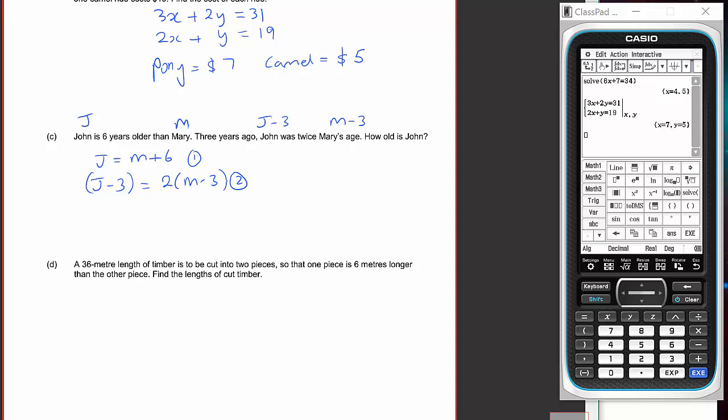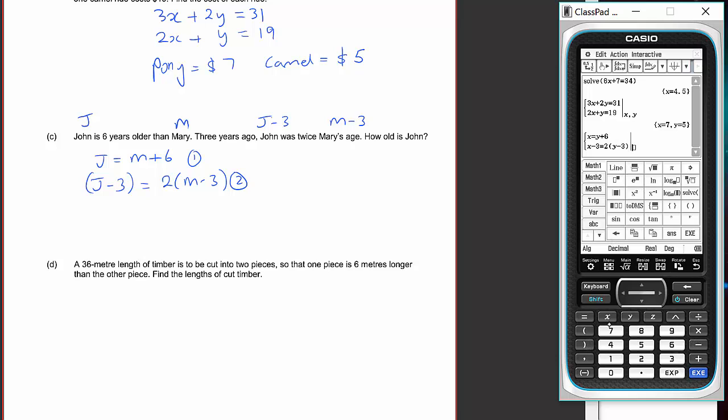And once again, we've got simultaneous equations. So rather than using J and M, I'm going to use X and Y. So X is equal to Y plus 6, and then X minus 3 is equal to twice Y minus 3.